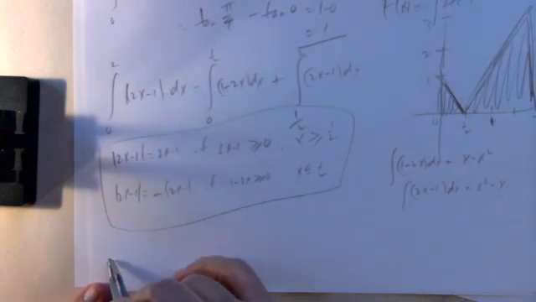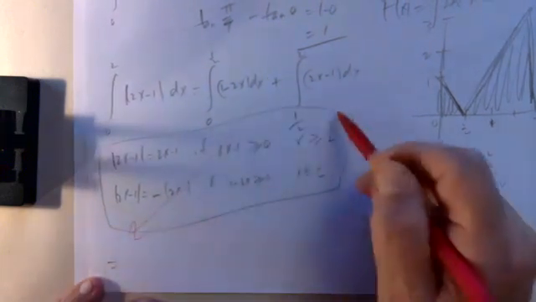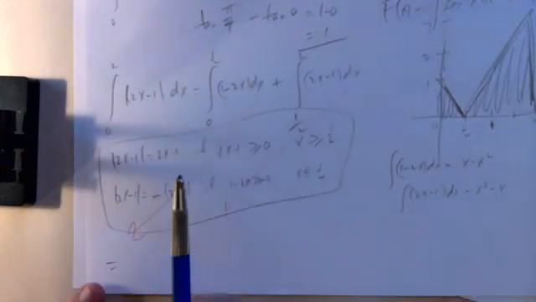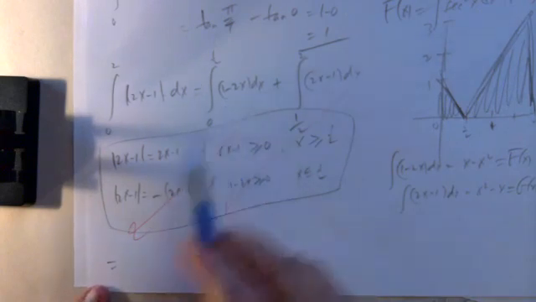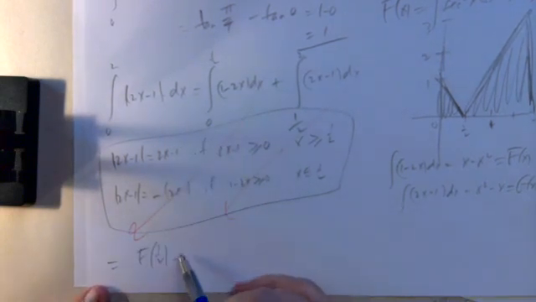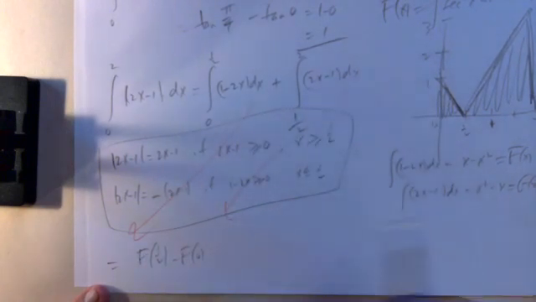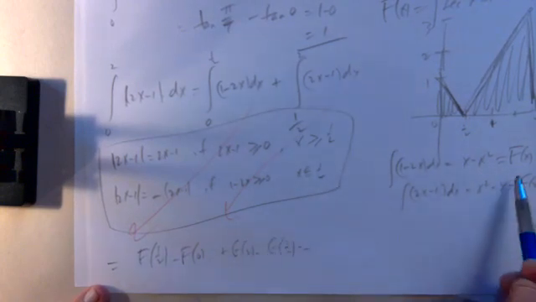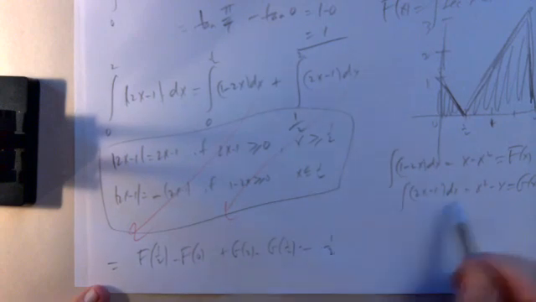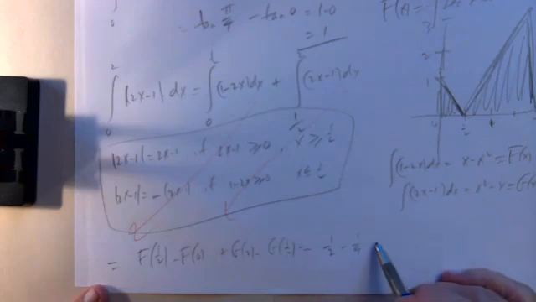So my integral, let me call this function capital F of x, and I'll call this capital G of x. So this is the antiderivative evaluated at a half minus the antiderivative evaluated at 0. And for this, the antiderivative is x squared minus x, G of 2 minus G of a half. So F of a half is a half minus a fourth, and F of 0 is 0.